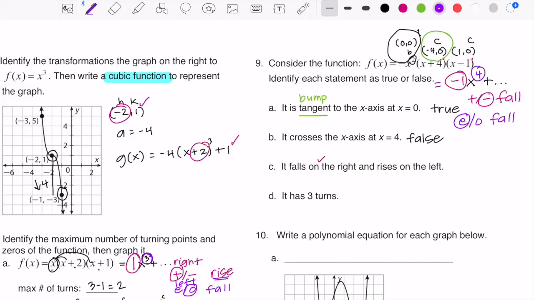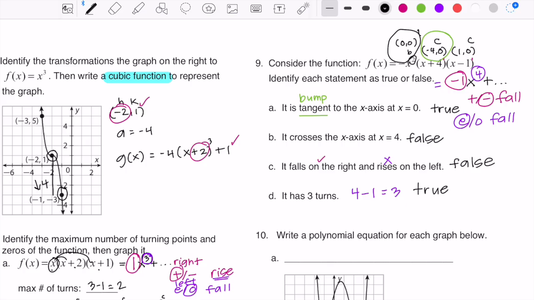So that's going to also fall, but this says rises. So because both pieces aren't true, the whole statement is going to be marked false. And then this says it has 3 turns. It should say a maximum of 3 turns, but we'll take it. 4 minus 1 is 3, so that would be true.